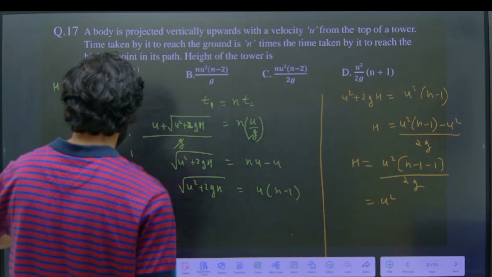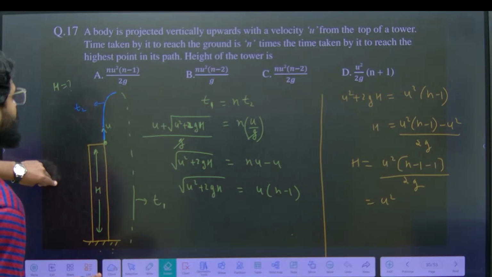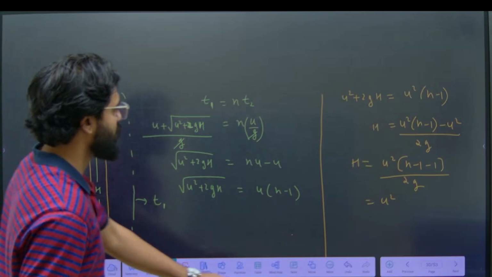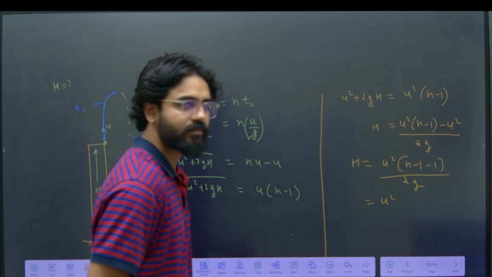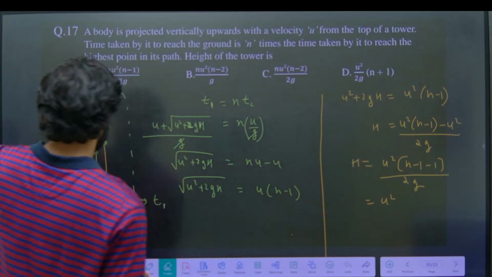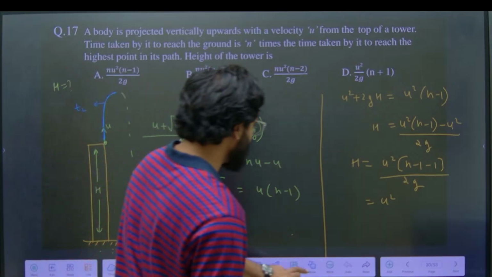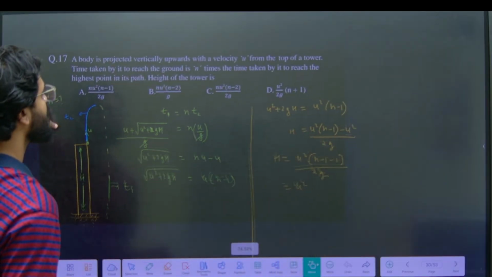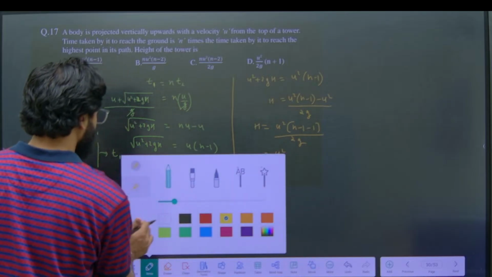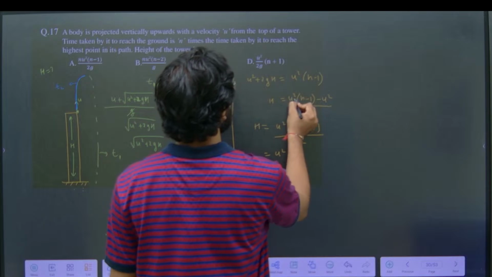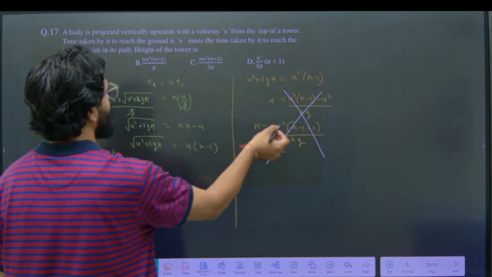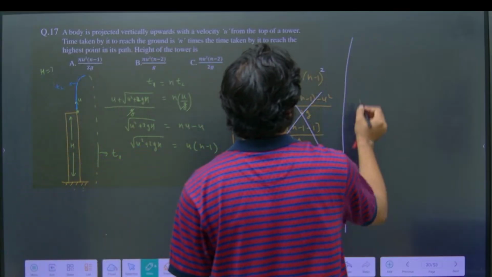That is the maximum undo. Can we go to the next page? I'm simply cancelling it, otherwise this entire picture will go. So let's square it. Now it's very easy.